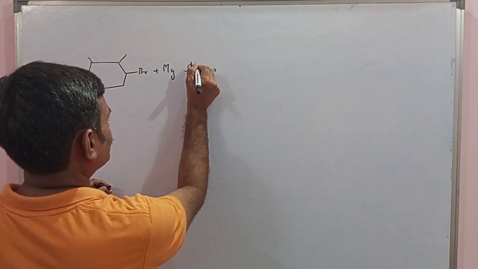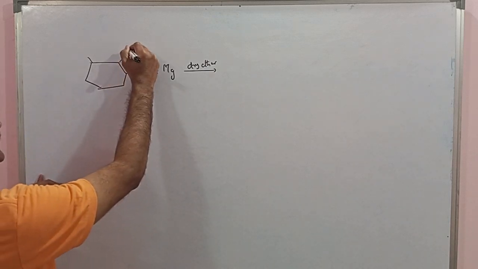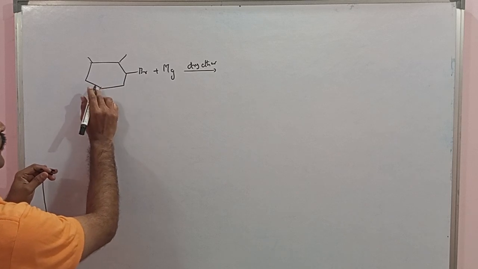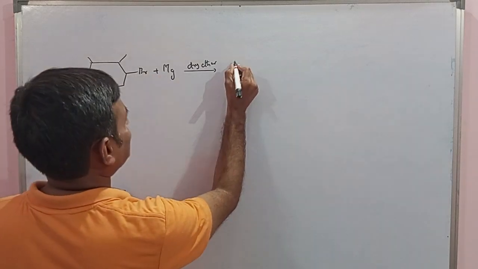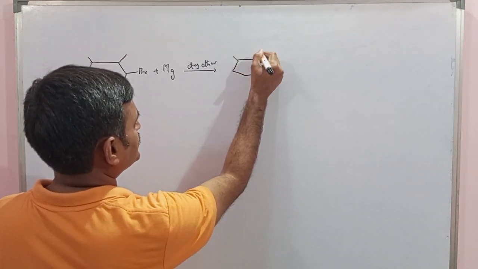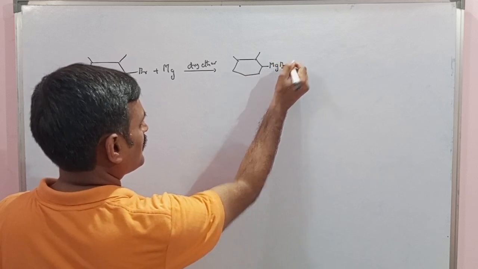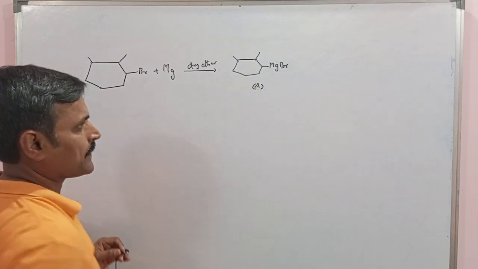In the presence of dry ether, whatever dimethyl groups are there don't get disturbed. This bromine with magnesium forms an RMgX type of compound, a Grignard reagent. So the Grignard reagent that is formed is MgBr, like this. So this we can call A.